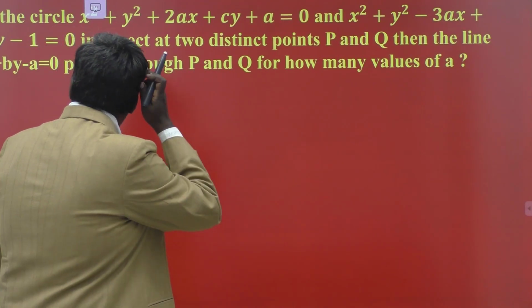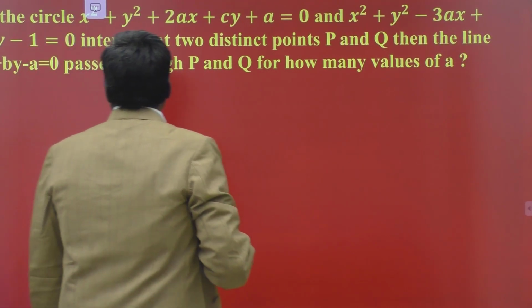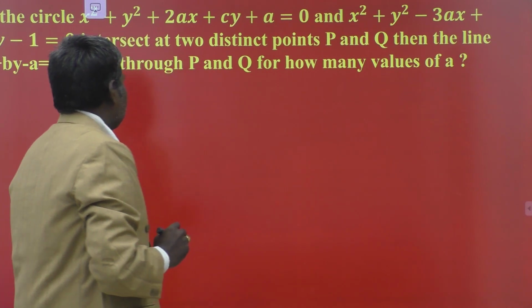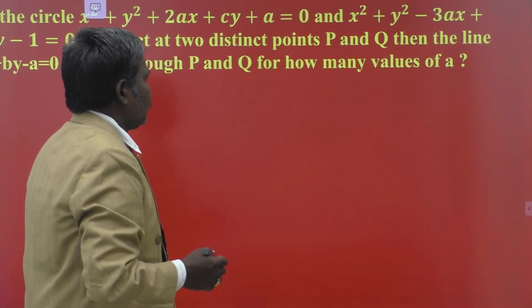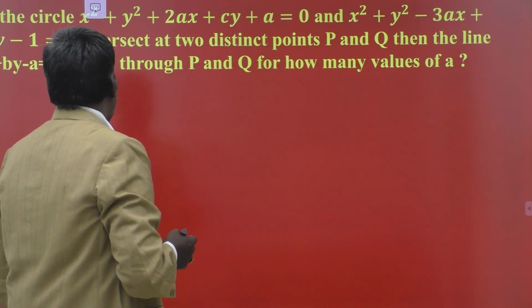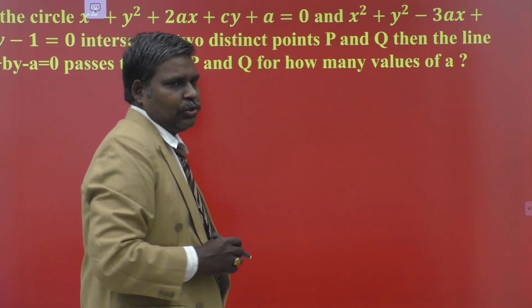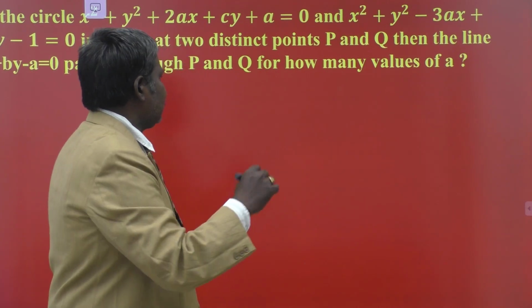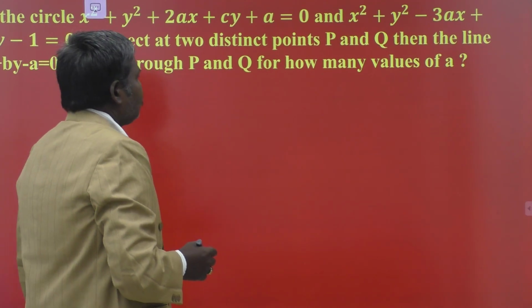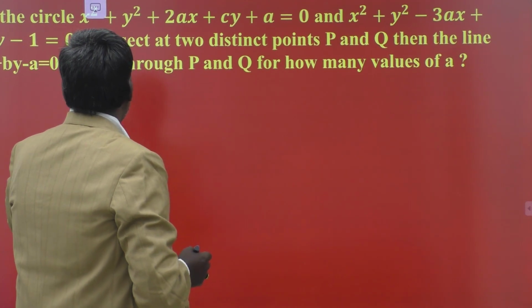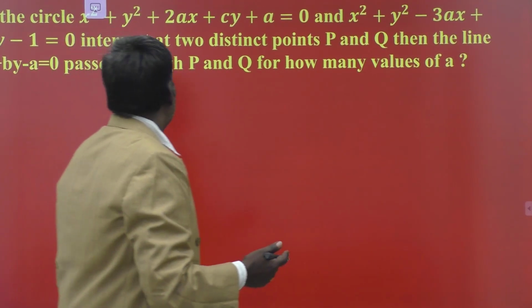See, this is the question. If the circles x square plus y square plus 2ax plus cy plus a equal to 0 and x square plus y square minus 3ax plus dy minus 1 equal to 0 intersect at two distinct points P and Q, then the line x plus by minus a equal to 0 passes through P and Q for how many values of a?